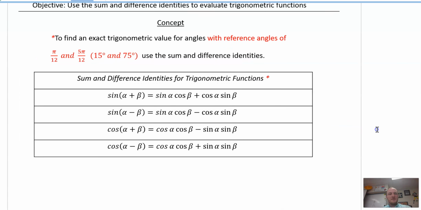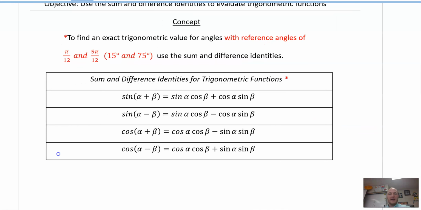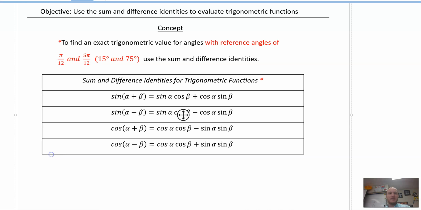So to find an exact trigonometric value for angles with reference angles of pi 12ths and 5 pi 12ths, so 15 degrees and 75 degrees, we're going to use sum and difference identities. So here are the sum and difference identities. I'm just going to first introduce you to the very first one here, which is sine of alpha plus beta.